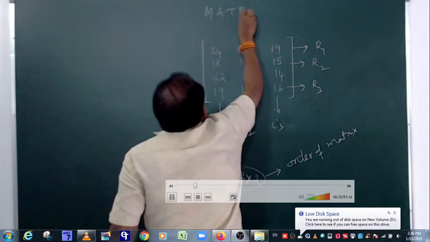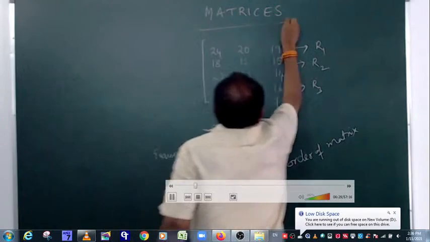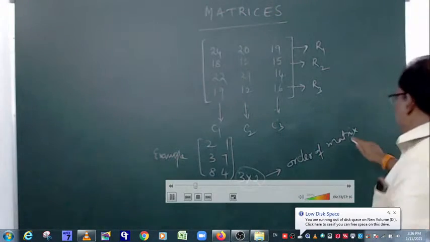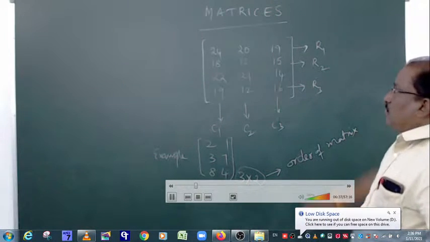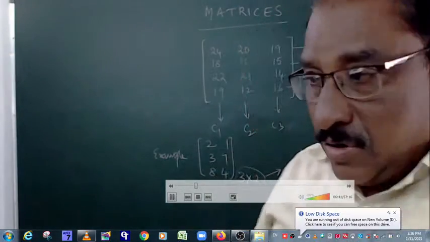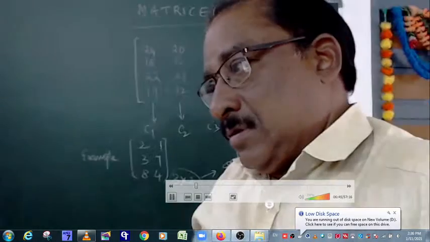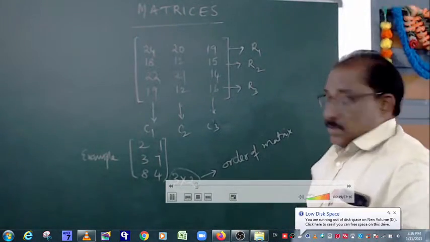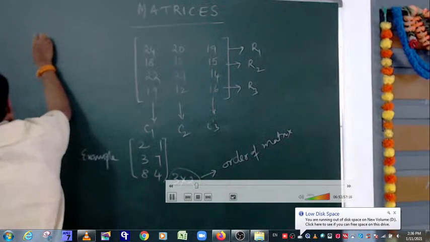The singular form is matrix, M-A-T-R-I-X. The plural is matrices.